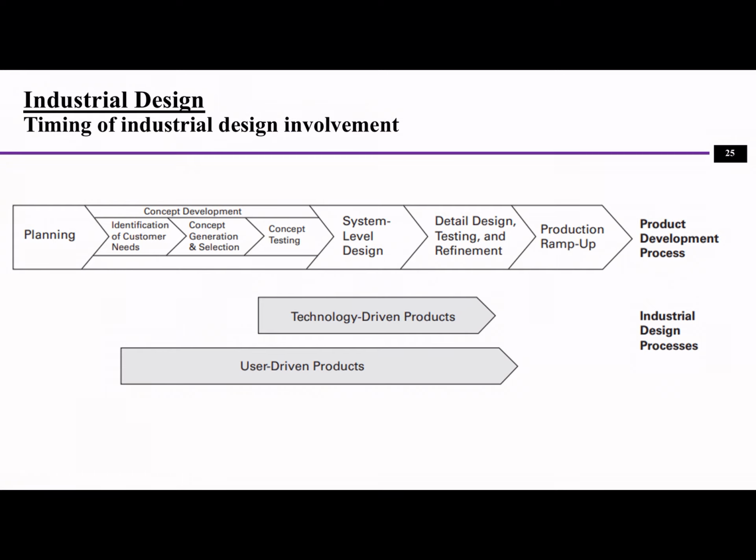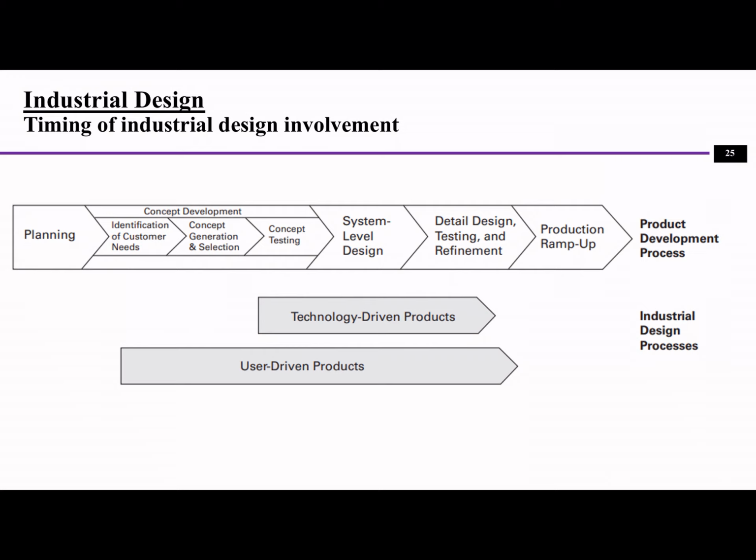All right. So for industrial design, industrial designers are involved depending on the products. For user-driven products, which involve a lot of users' experience, the industrial design engineers or designers usually have to be involved at the very early stage of concept development.